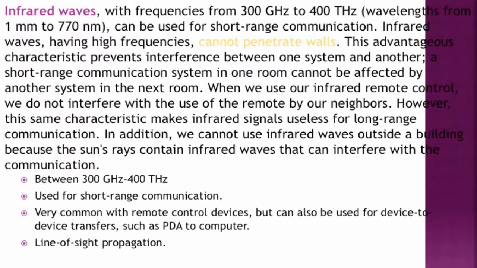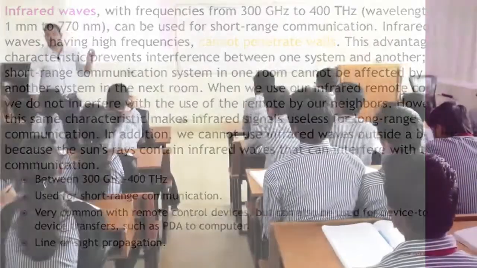So it is difficult to communicate between two devices if they are in two different rooms; it can't happen if the two devices are not in sight of each other, that is, short range communication. A good example is your TV remote.